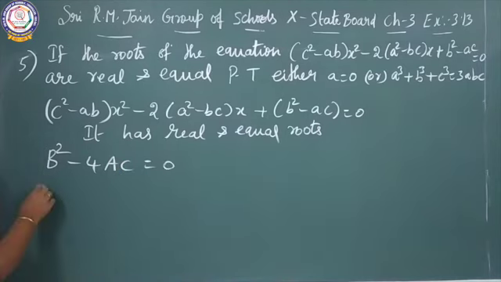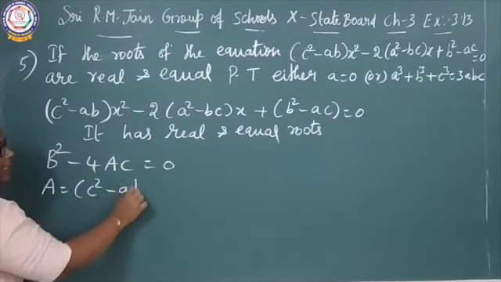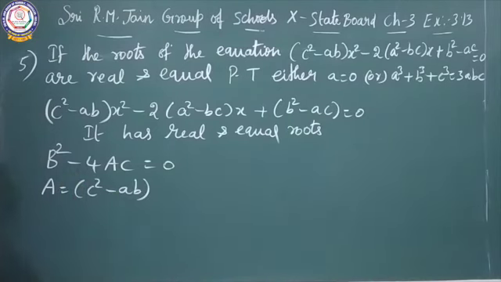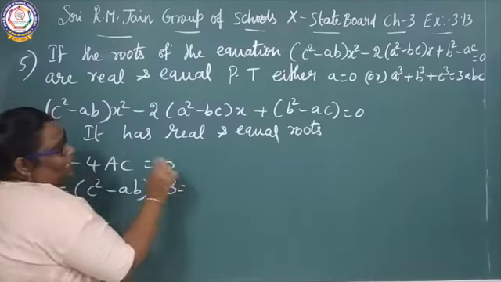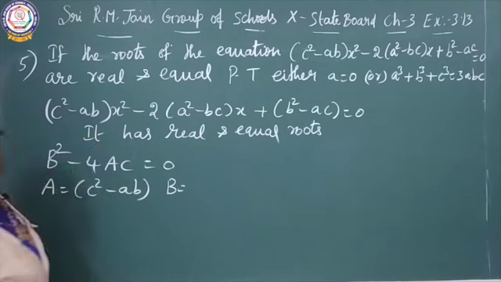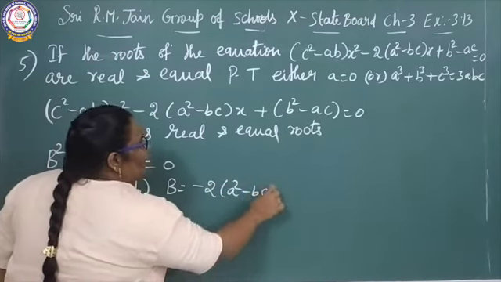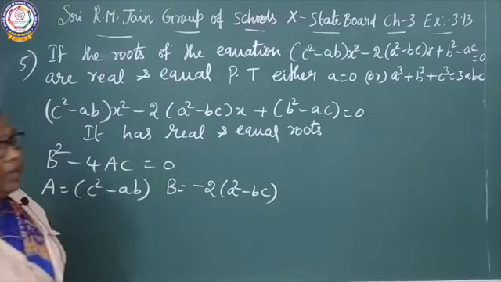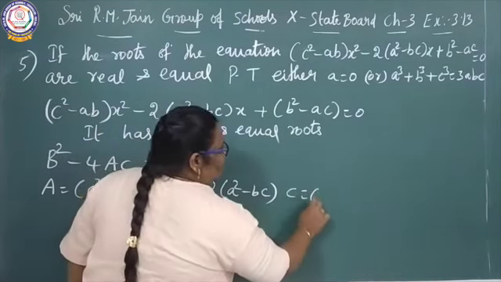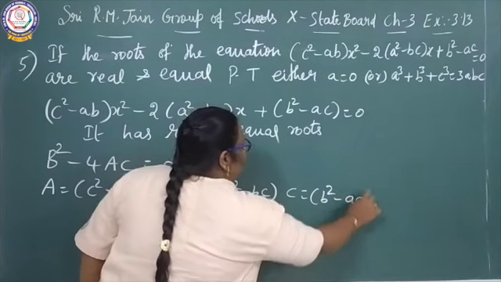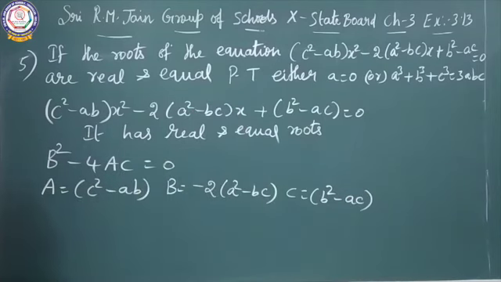What is the value of a? a equal to c square minus ab. What is the value of b? b equal to, you can take the coefficient, minus 2 into (a square minus bc). What is the value of c? c equal to b square minus ac.